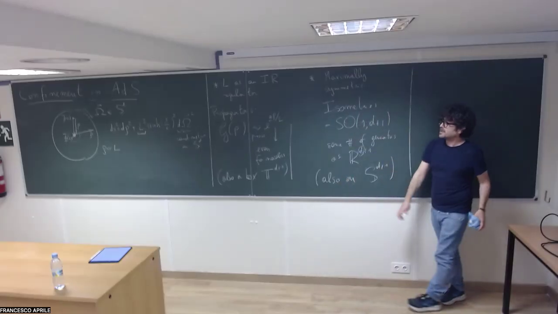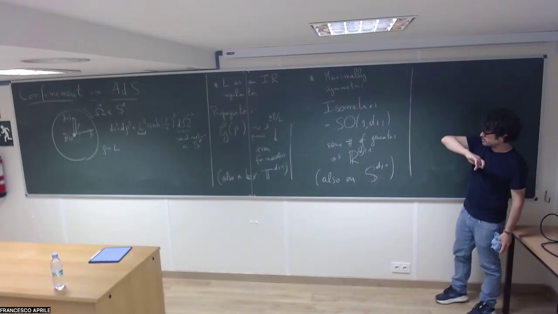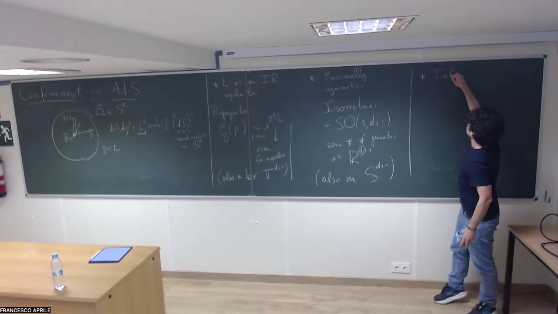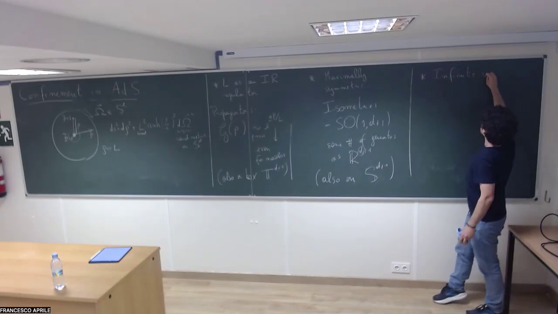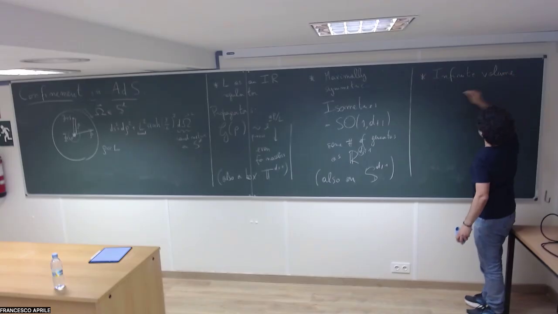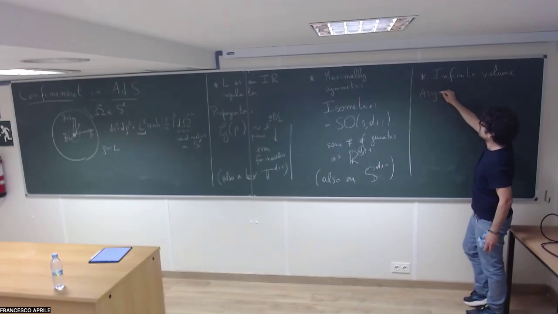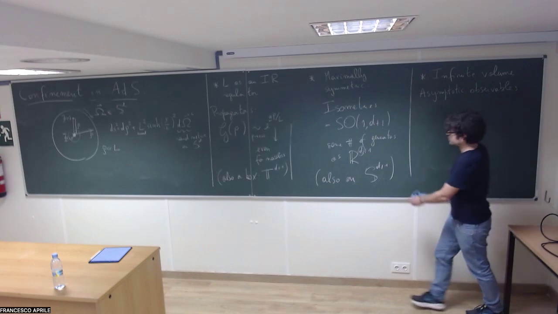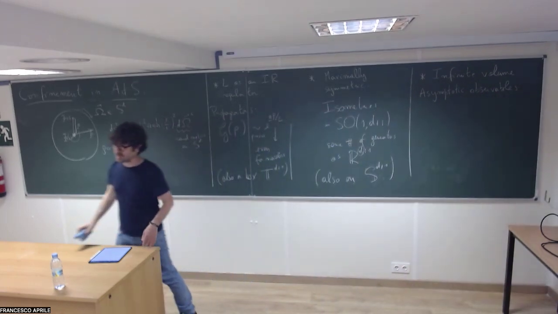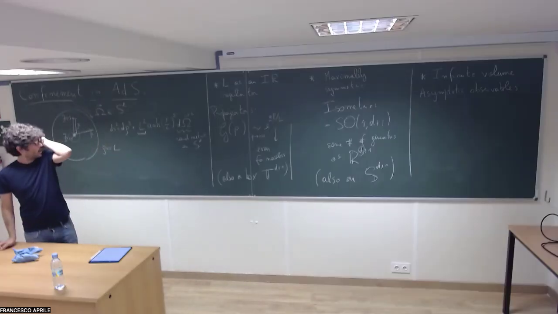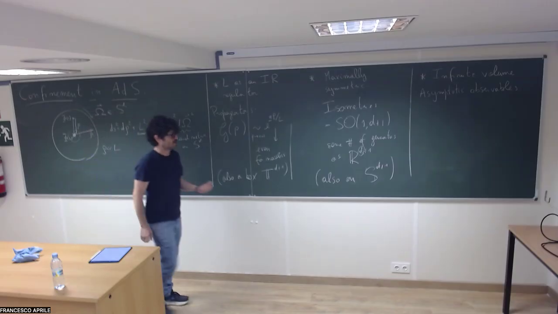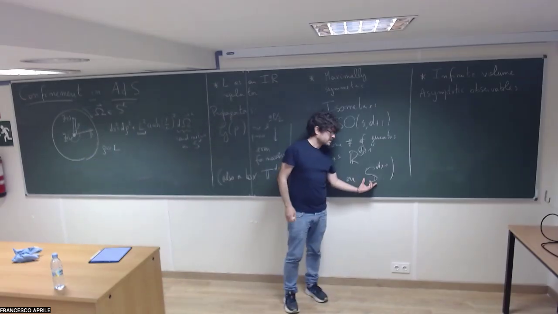Well, in a positive way, another nice thing of the hyperbolic geometry is that we have infinite volume, and we can define asymptotic observables. But yes, the sphere is nice, but the sphere will never be able to discuss stuff like spontaneous symmetry breaking or anything that even resembles a little bit a scattering amplitude, right?